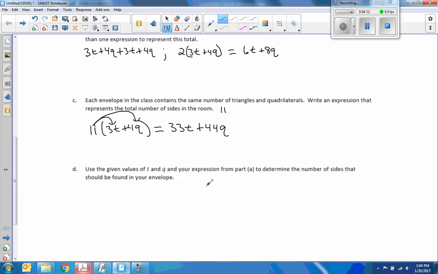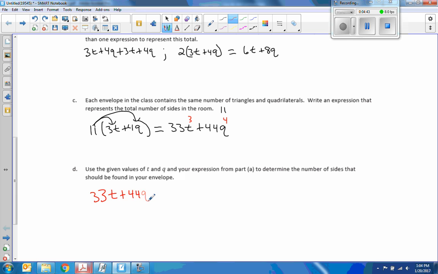Okay. D says use the given value of t and q in your expression for part A to determine the number of sides that should be found in your envelope. Okay, well, how many sides are in a triangle? 3. And how many sides are in a quadrilateral? 4. So now we're going to take our equation, 3t plus 4q.